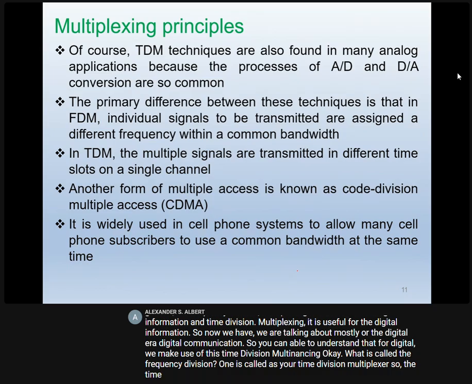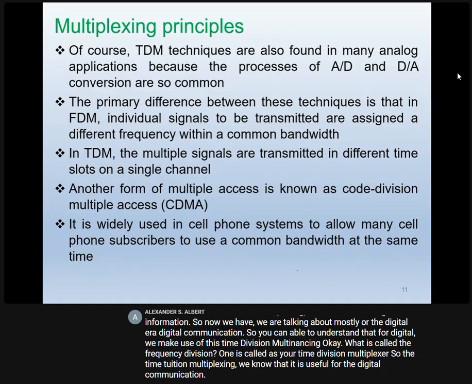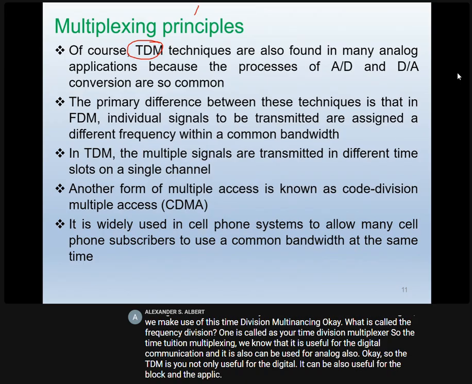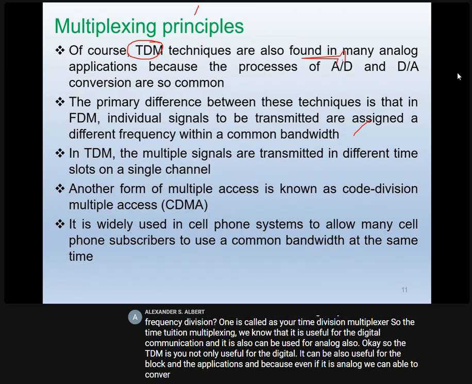Time division multiplexing is useful for digital communication, and it can also be used for analog. So TDM is not only useful for digital, it can also be used for analog applications, because even if it is analog we can convert it into digital, or digital into analog.